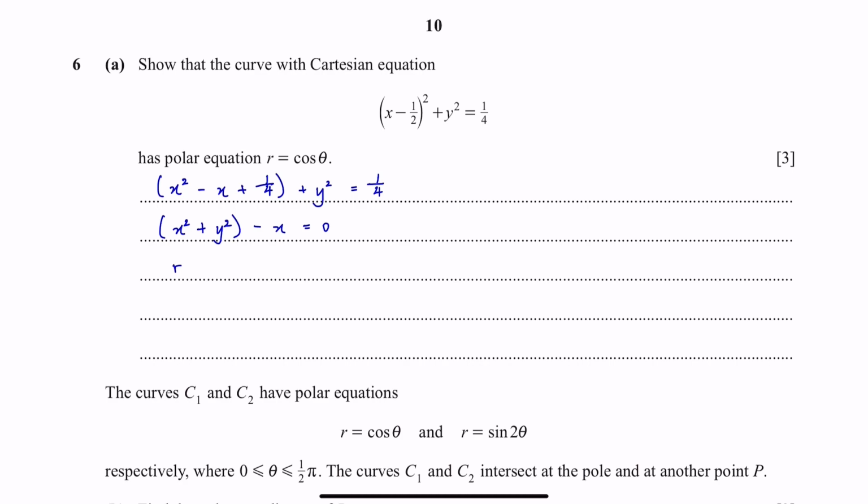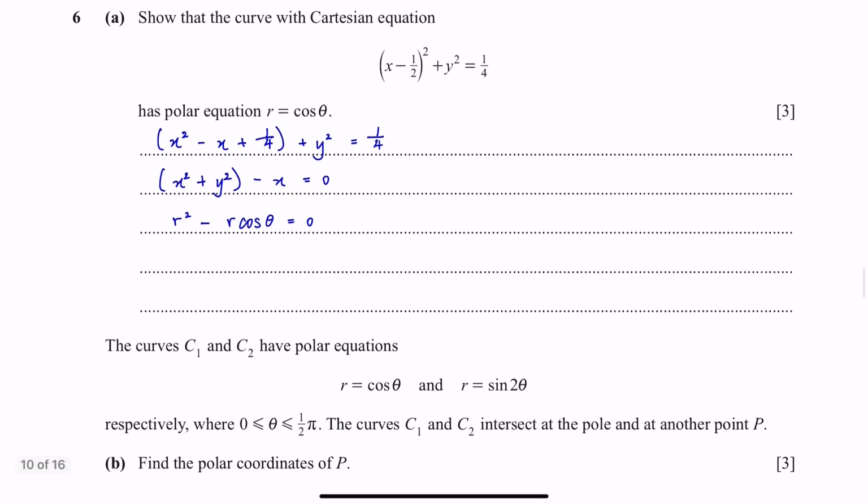For this, we can change it to r squared, and x is r cos theta. And then we can factorize the r out, so you get r equals cos theta. And in this case, r is not equal to 0. It can't be equal to 0, if not, the whole equation will not exist.